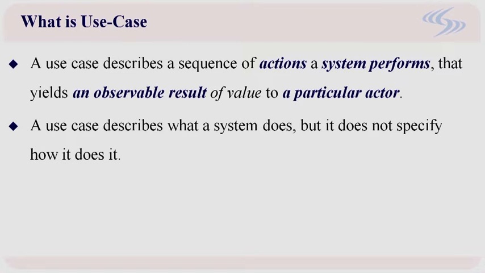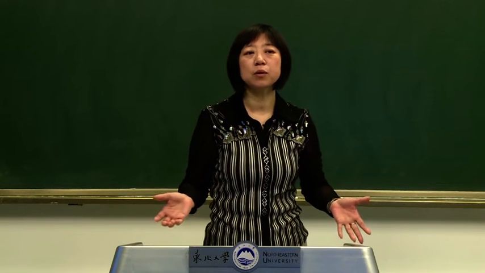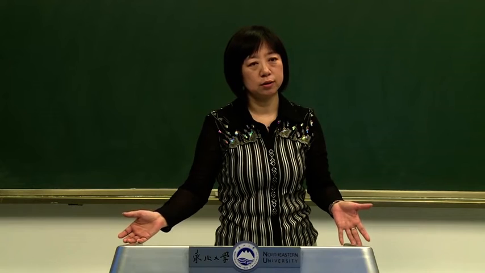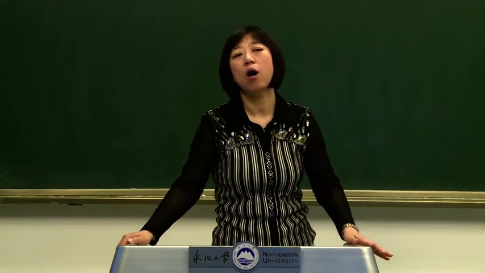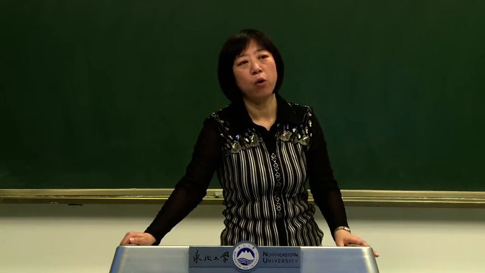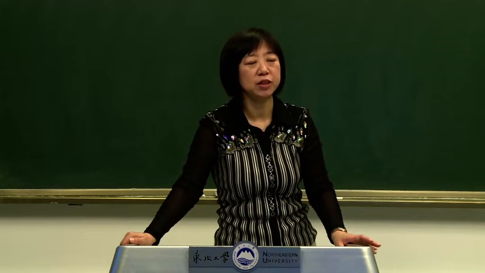A use case describes what a system does, but it does not specify how it does it. So that means a use case diagram only answers the question of what, rather than how. So that's why we call it OOA, Object-Oriented Analysis.